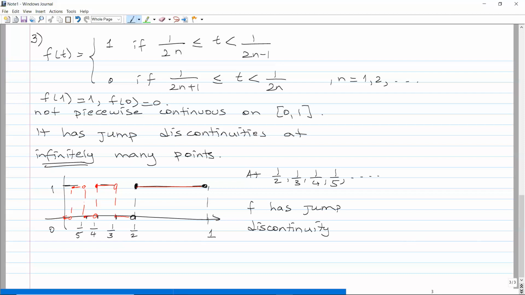How about if we take an infinite interval instead of taking a finite interval like 0, 1, 0, 2? How do we define piecewise continuous functions on infinite intervals?